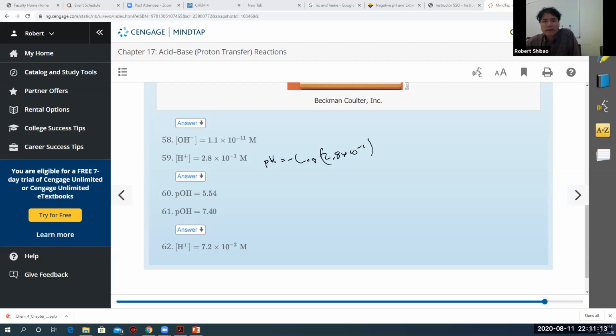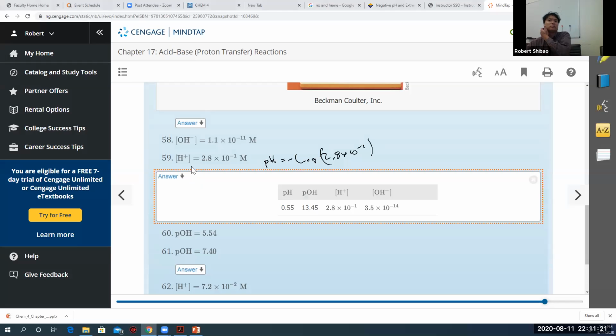Once we get the pH, then we can get the pOH, and then we can get the hydroxide ion concentration using similar calculations as before. The H plus is given. We'll get the pH 0.55, the pOH would be 13.45, and then the hydroxide at the end.